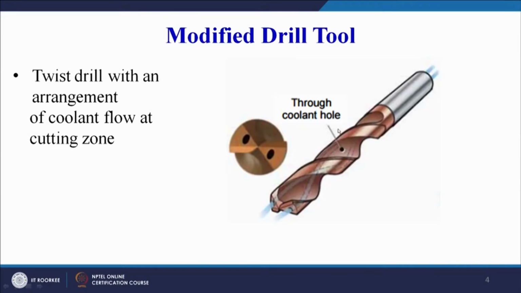Then we can see the modified drill point geometry. This is a further modification. Here you can see there is a through coolant hole; these are the two holes. So this is a twist drill with an arrangement of coolant flow at the cutting zone. Different types of tool geometries can be investigated for optimizing the drilling performance of polymer composites, and this can be one drill.